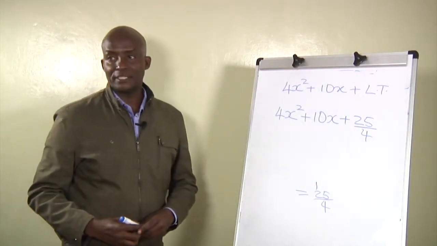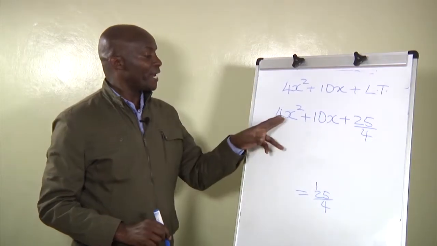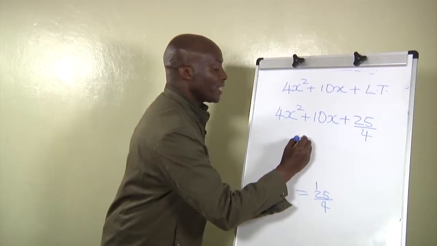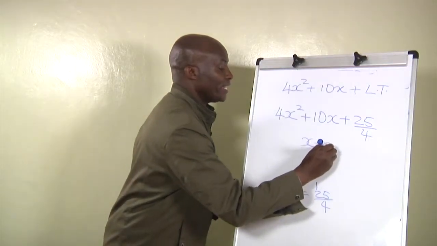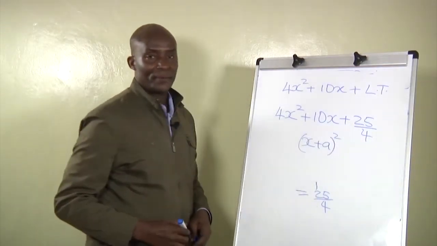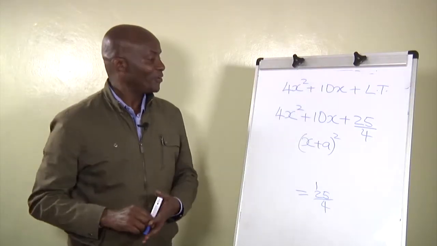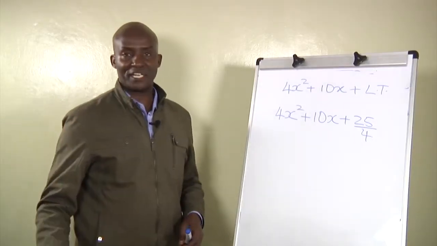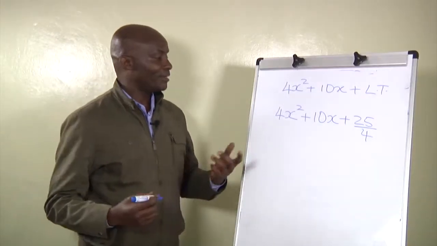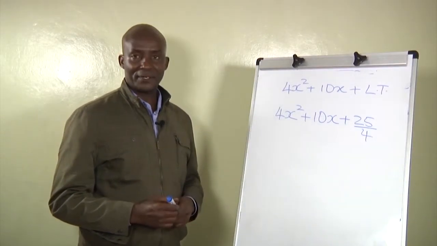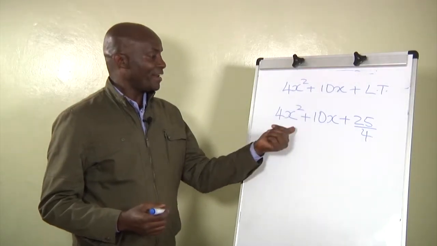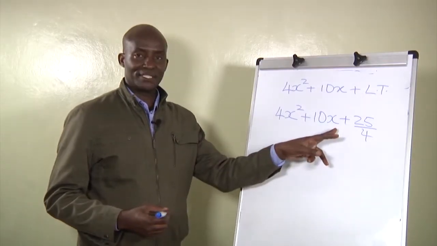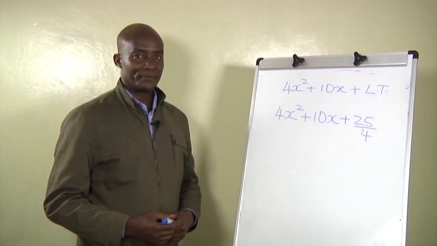So what this means is that we can now write this expression in the form of a whole squared. Before I tell you what it is, I want to see whether you remember from the previous lesson how we did that. So take a few seconds to write this as a perfect square.